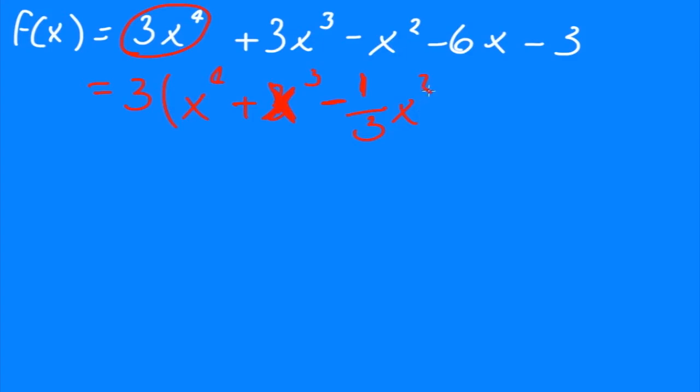And 3 times what gives me -6x? 3 times -2x. And 3 times what gives me -3? 3 times -1.